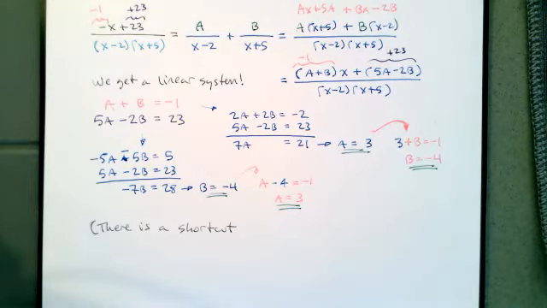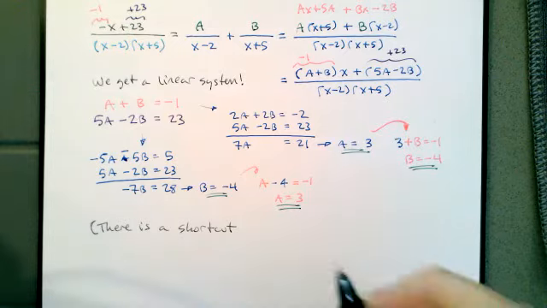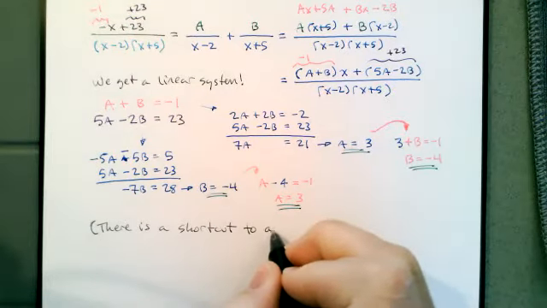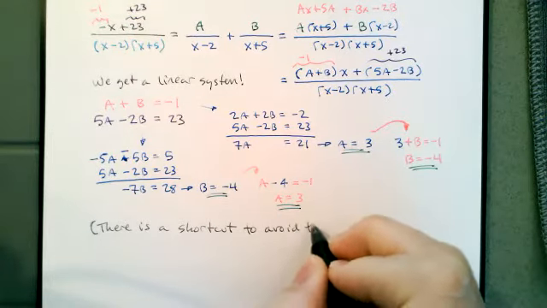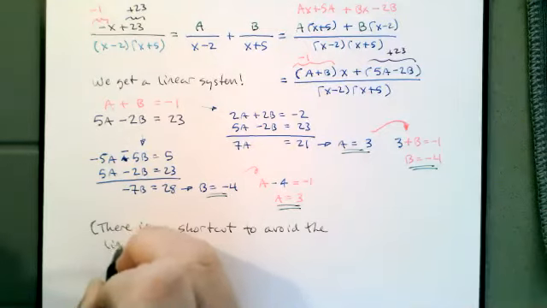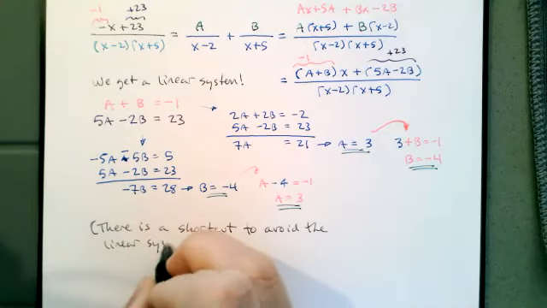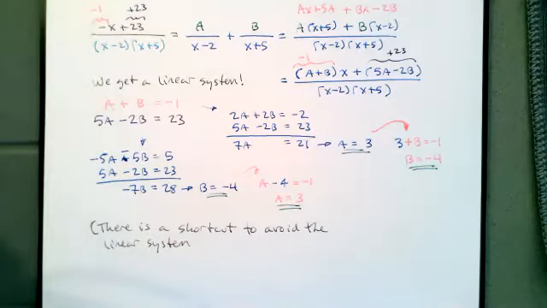There is a shortcut to the linear system. There is a shortcut to avoid the linear system, which involves almost dividing by 0.